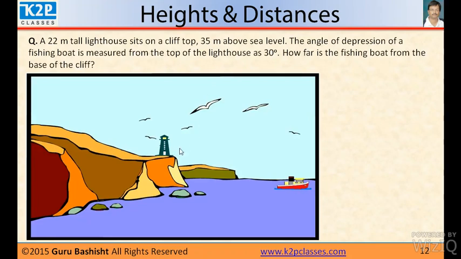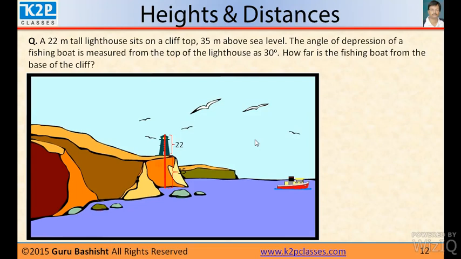Again, this is the cliff, this is the lighthouse, and this is the boat. What is given? The height of the lighthouse is 22 meters, and the height of the cliff is 35 meters.